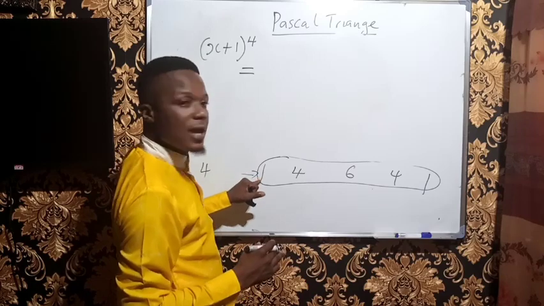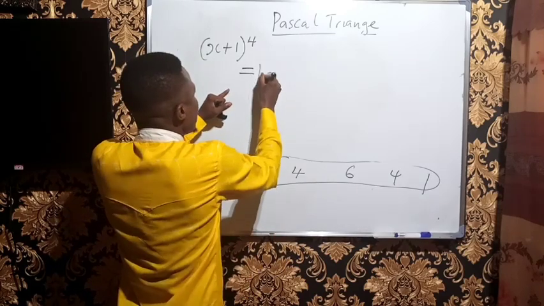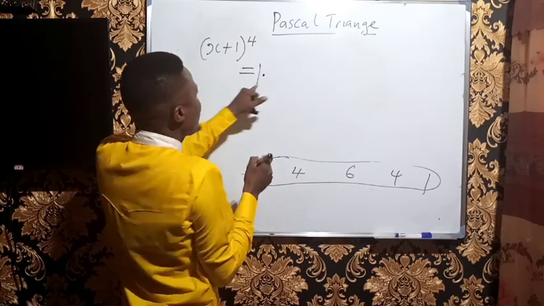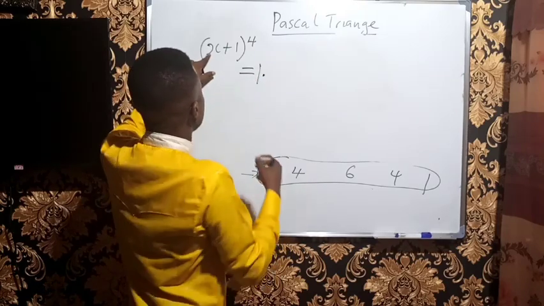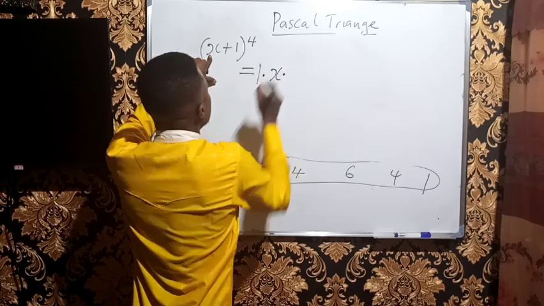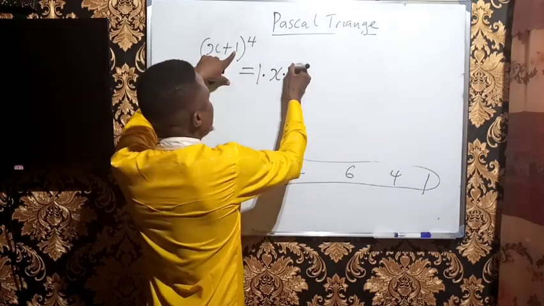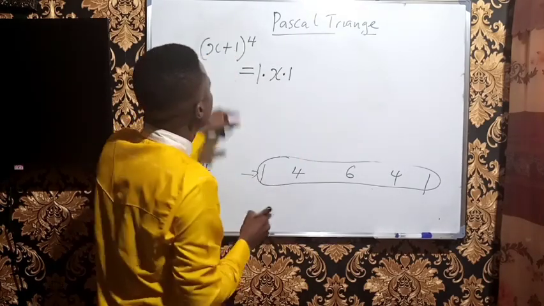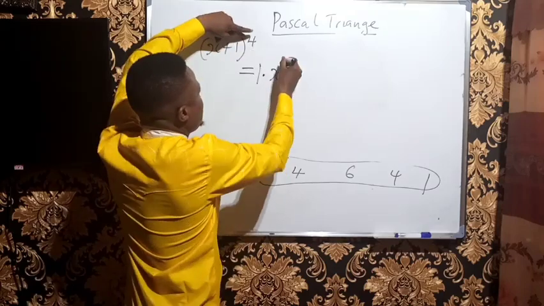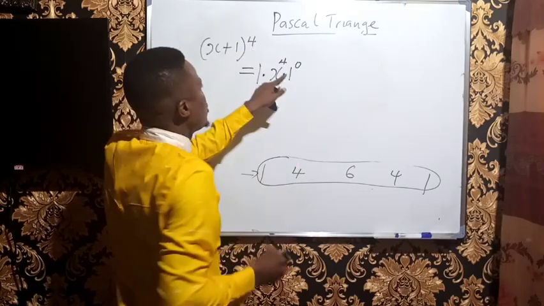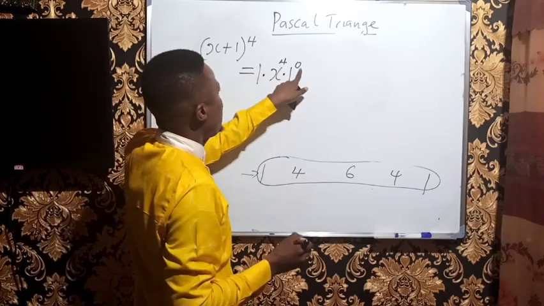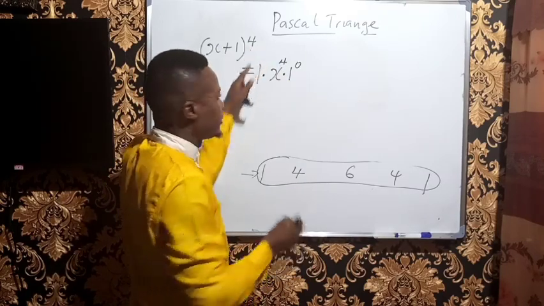So the first item here is 1. So I'll have 1 multiplying. Whenever you see dots, know that a dot is multiplication in math. The first item here is x, multiplying. The second item here is 1. Again, the highest power here is 4. Attach the 4 to x, then attach 0 to 1, so that 4 plus 0 will give you 4.